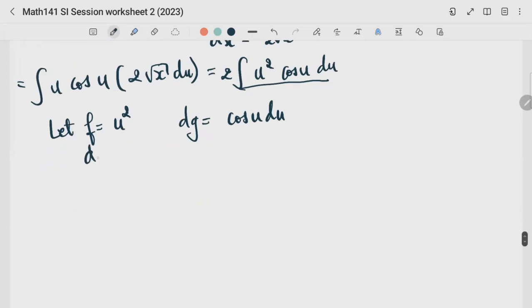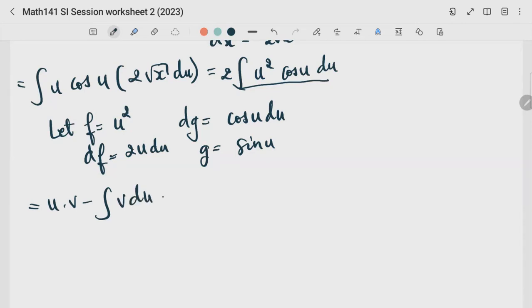That will mean that our df is equal to 2u du. Our g is equal to, not negative, sorry, sine u, and that is therefore equal to f times g minus the integral of g df.